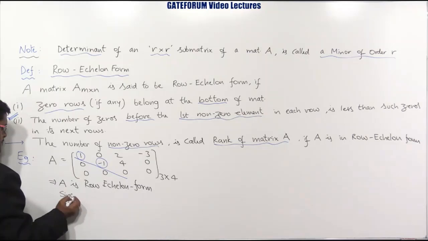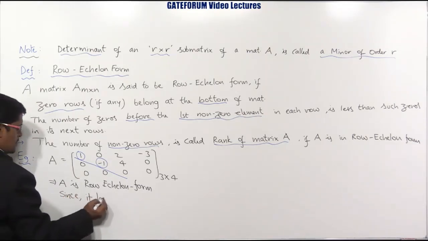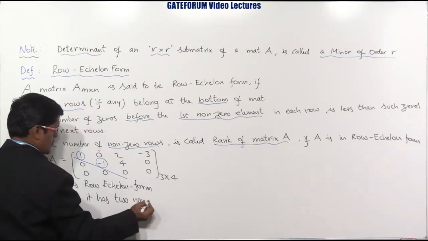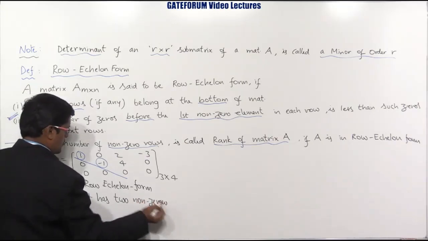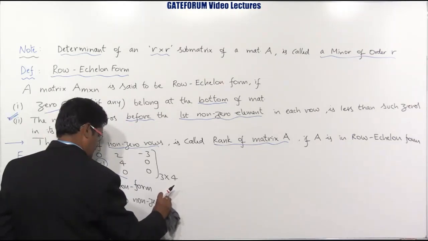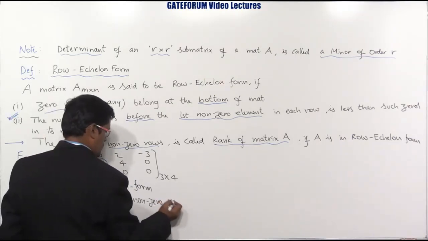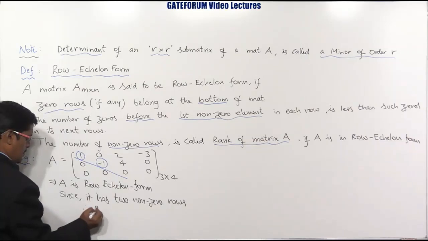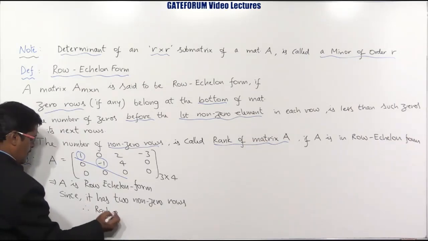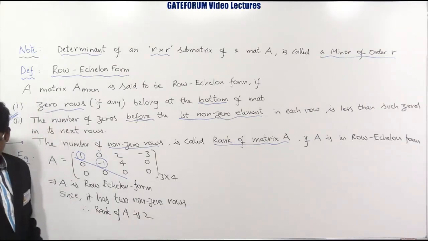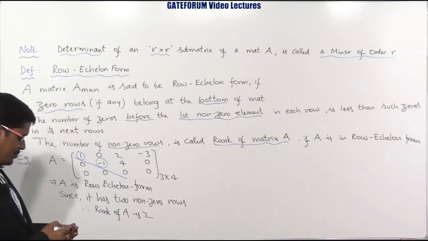Since it has 2 non-zero rows, therefore the rank of matrix A is 2. Okay?